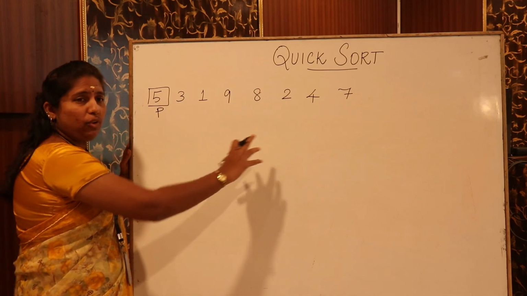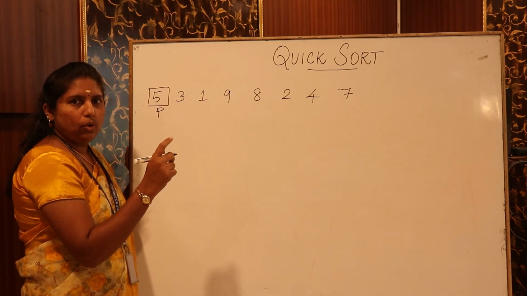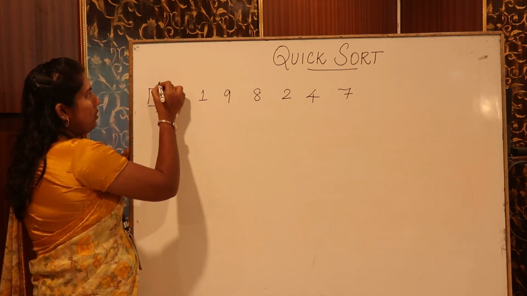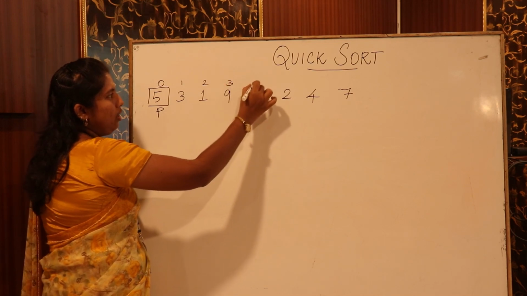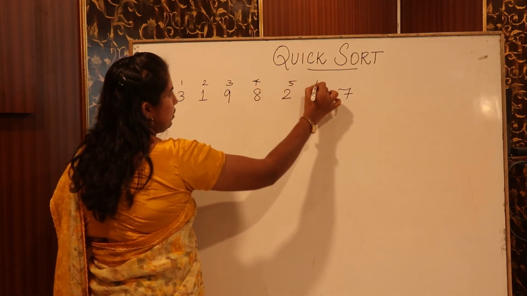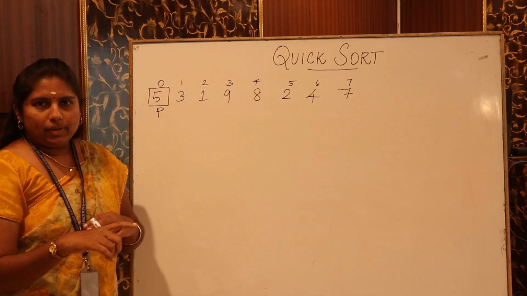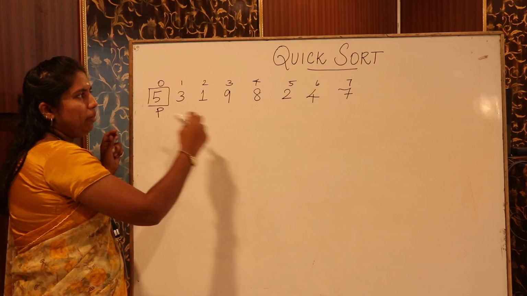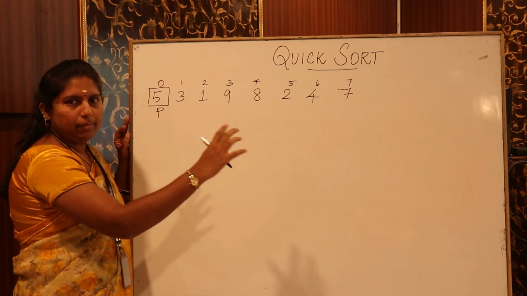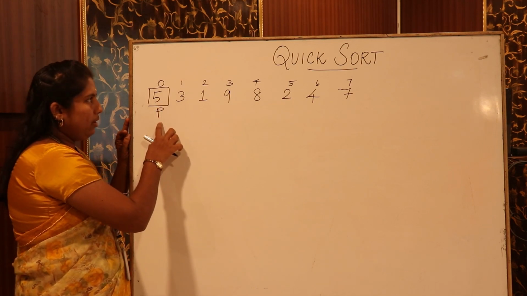Here the total number of elements is 8, so the index numbers are 0, 1, 2, 3, 4, 5, 6 and 7. I am going to consider this 5 as my pivot element.